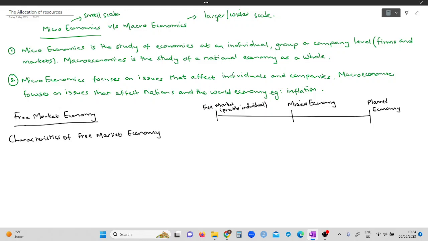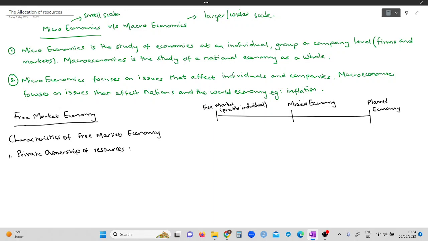So, the free market economy, première chose qu'on a, we have the private ownership of resources.